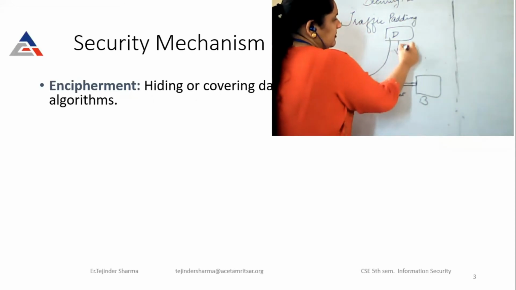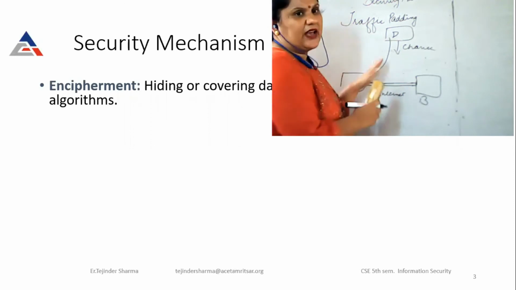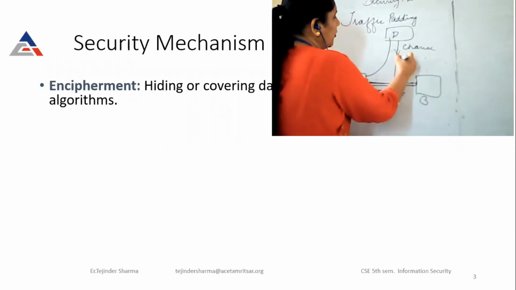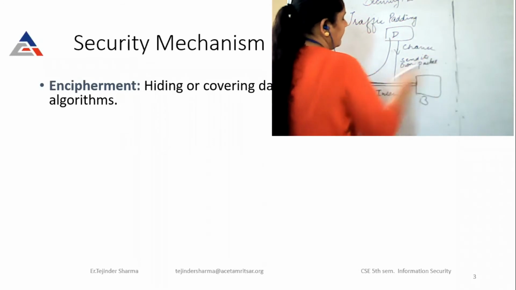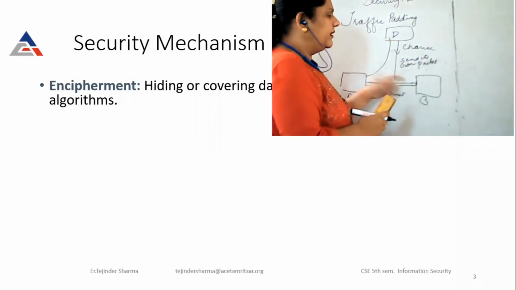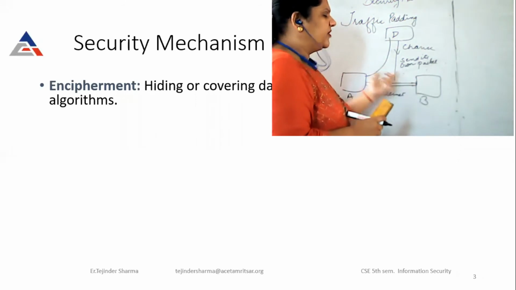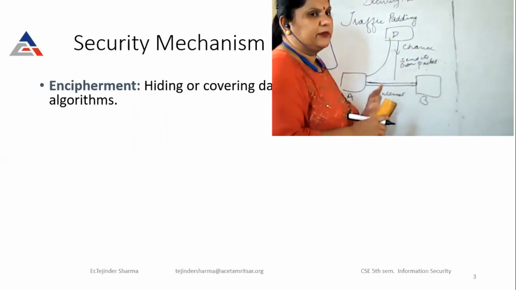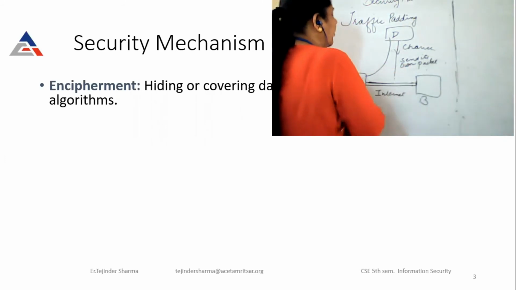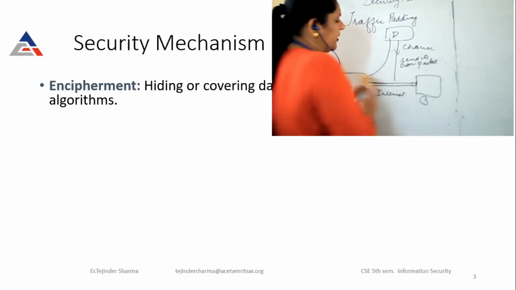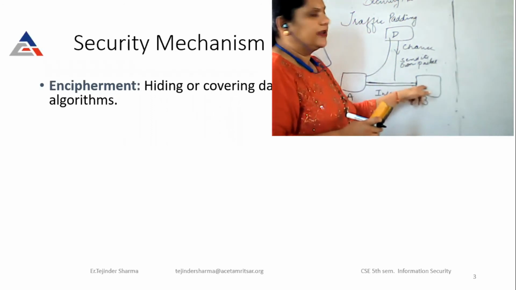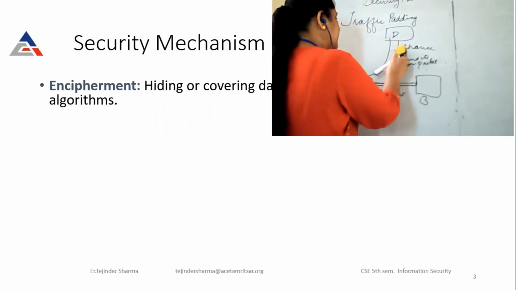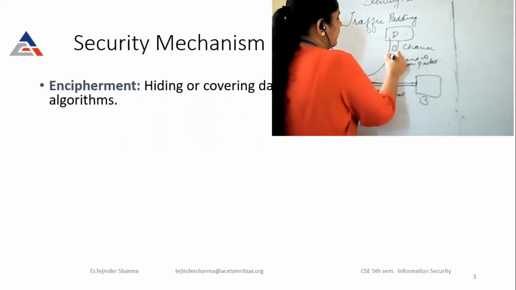D will get a chance to send its own packets which may go to B and capture information from B. It means D can send some unwanted, unauthorized, monitoring packets to gather information from B. That means it can send its own packets to B.